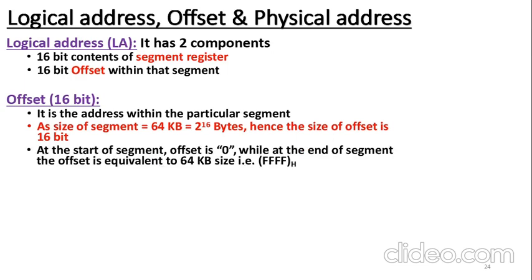So at the start of the segment the offset is 0, while at the end of the segment the offset is equivalent to the 64 kilobyte size, which is FFFF hexadecimal. That's why the offset ranges in the 8086 processor from 0000 hexadecimal, the beginning offset address at the start of the segment, up to FFFF hexadecimal, which is the last location offset address within that segment.